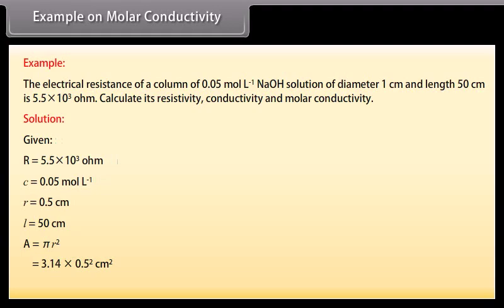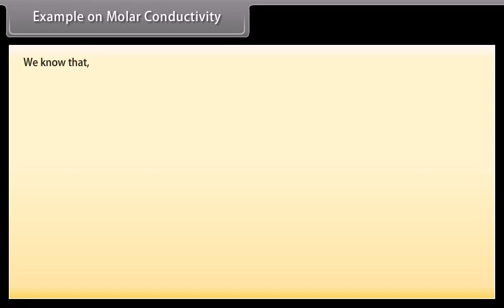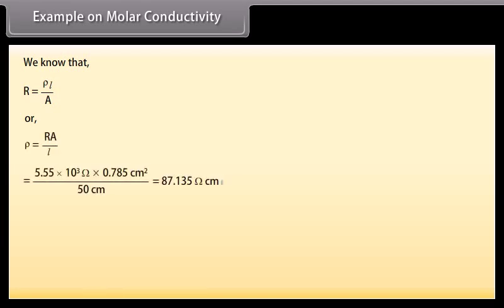By putting the values, we get area = 0.785 centimeter square. We know that R = ρL/A. By putting the values, we get resistivity = 87.135 ohm centimeter.